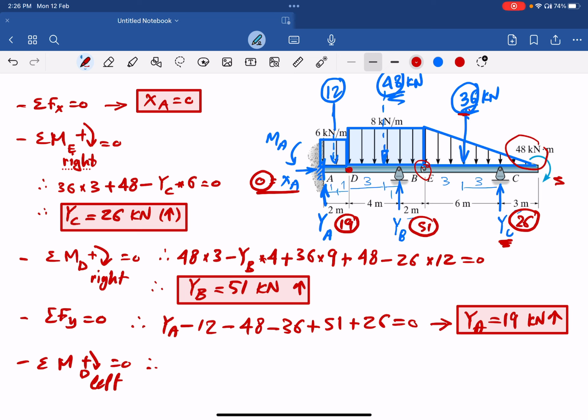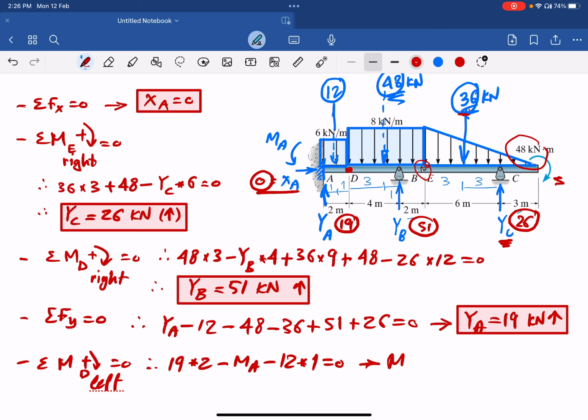We take a moment here, so YA is positive. YA is 19 times 2 meter, which is this value times 2 meter, minus MA minus 12 times 1 equal to 0.